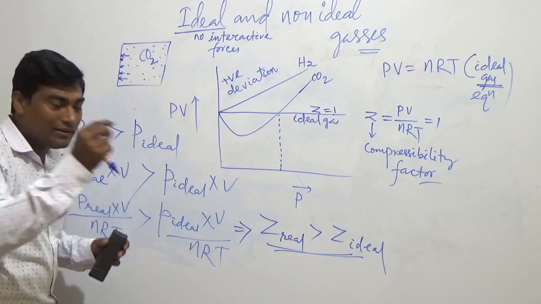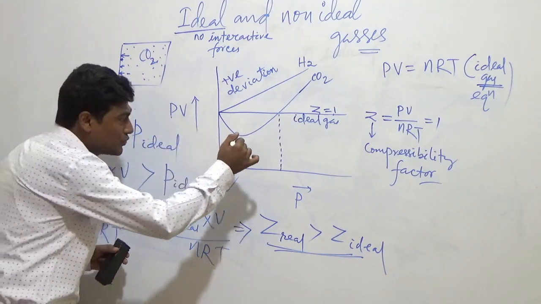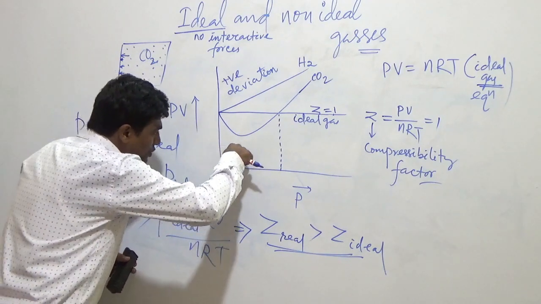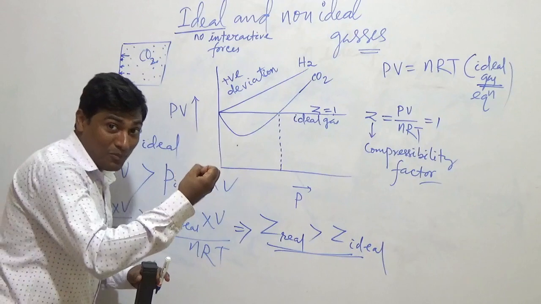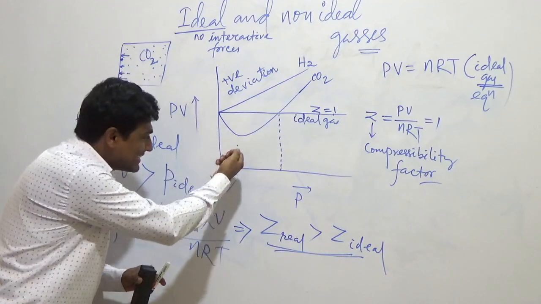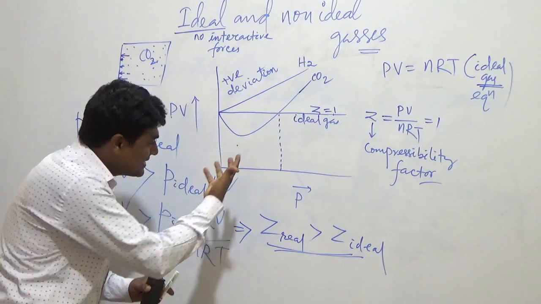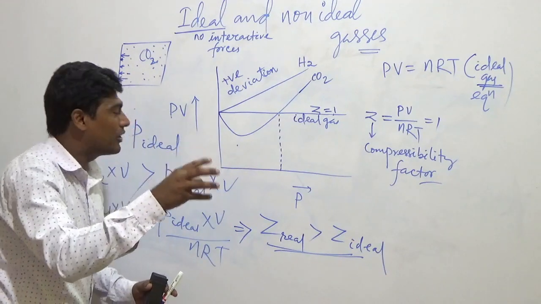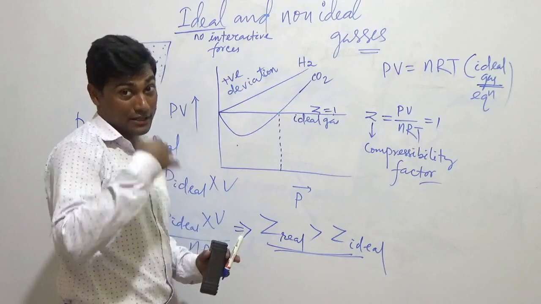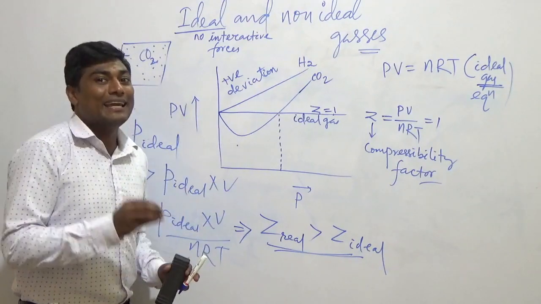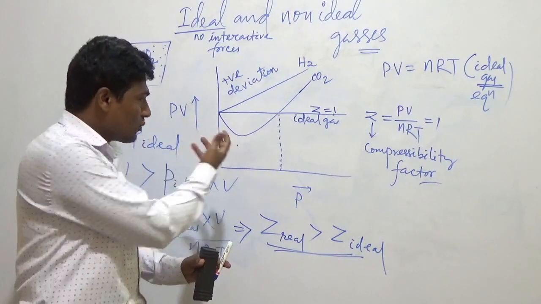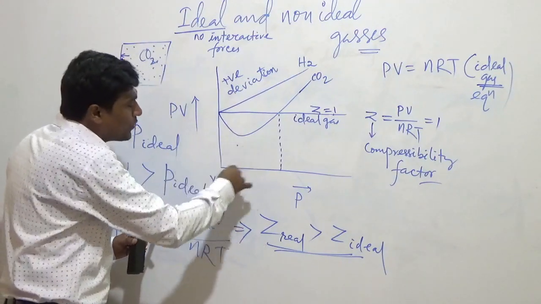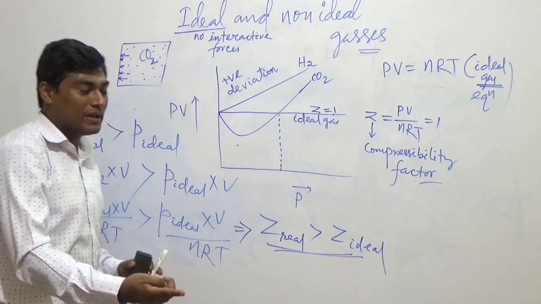When one molecule of carbon dioxide is going to strike the wall, another molecule from behind is attracting it, right? Since it is attracting it, the force with which a carbon dioxide molecule strikes the wall of the vessel is less, because someone is dragging behind it. So since force is less, pressure will be less.